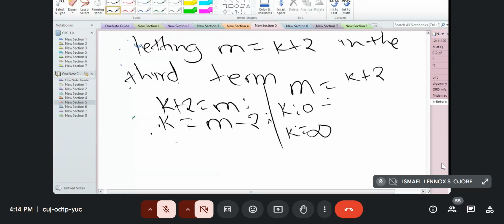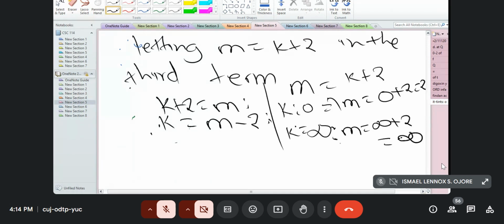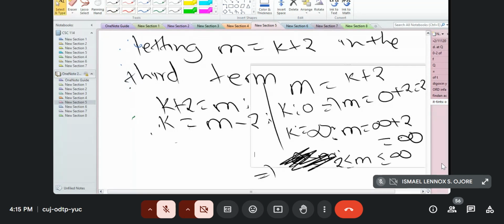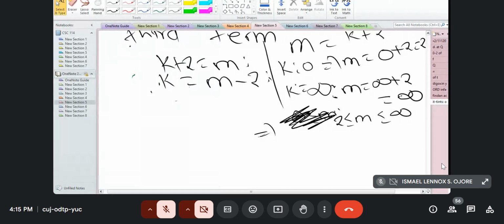When k is 0, m will be 0 plus 2, which is equal to 2. When k is infinity, m will be infinity plus 2. Big number plus some small number is equal to the same big number. This implies 2 is less than or equal to m, which is less than or equal to infinity. So we rewrite the third term.